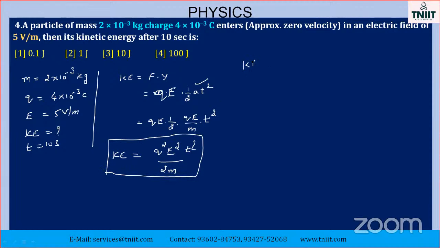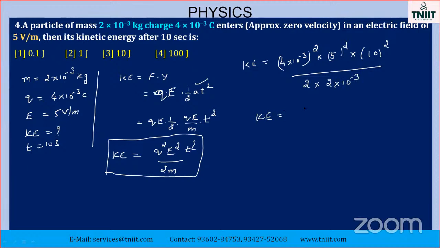So kinetic energy is equal to Q squared. What is charge? 4 into 10 power minus 3 whole squared, into electric field squared, that is 5 squared, into time squared, 10 seconds so 10 squared, divided by 2 into mass. Mass is 2 into 10 power minus 3.